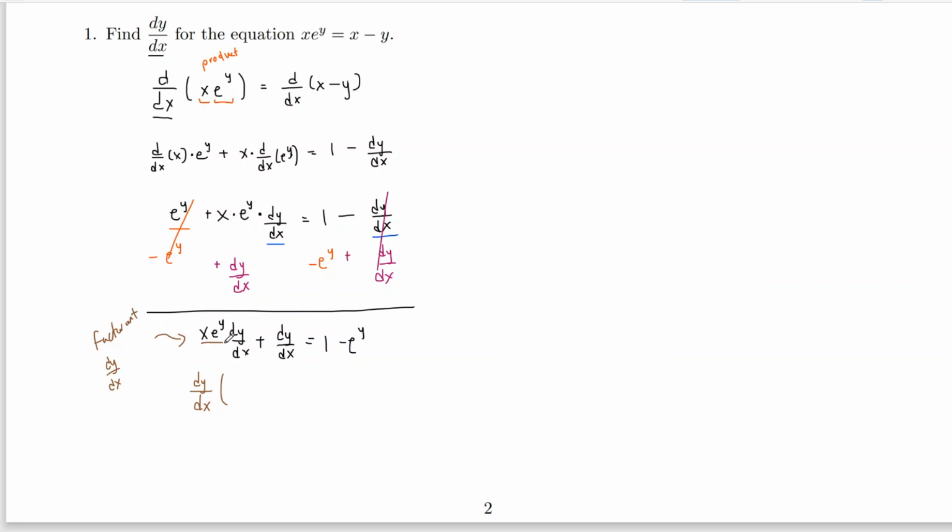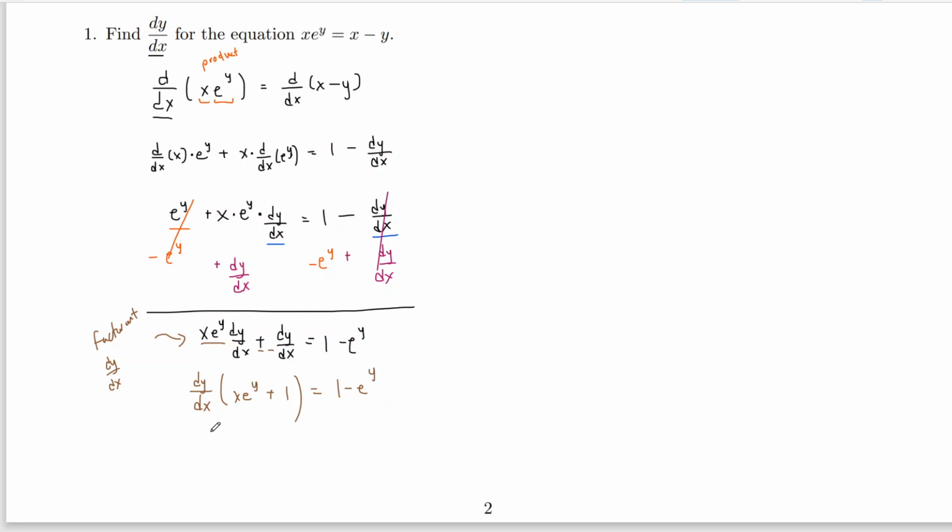In the first term, you have x times e to the y. Oops, not x to the e to the y. X times e to the y. And then we have plus, and because we're not really adding anything, visually it's a 1, we're adding 1 to it. And then the right side, we didn't do anything to, 1 minus e to the y.